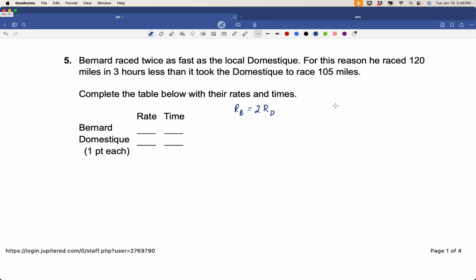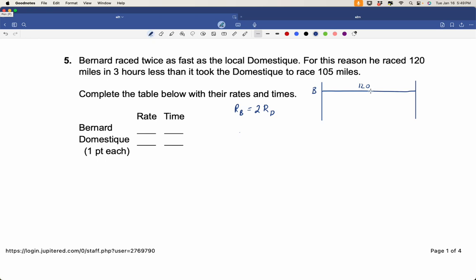Okay, so we're going to draw a little picture that's going to help me. Always draw your little picture. It'll help you solve the problem. So he is racing 120 miles. So this is Bernard, he did 120 miles.